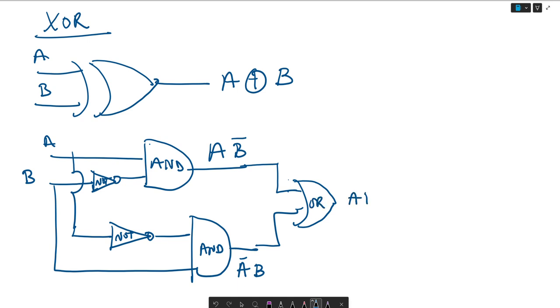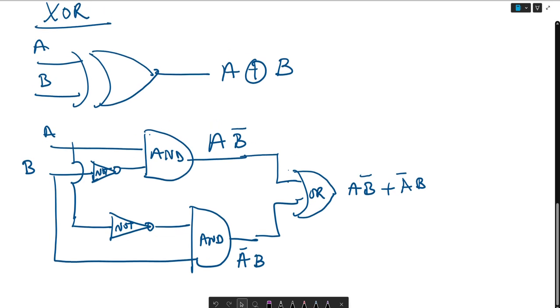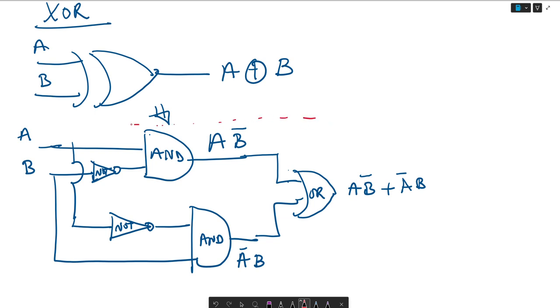Which is A B NOT plus A NOT B. And so, if I were to put a red box around this, these two are equivalent.